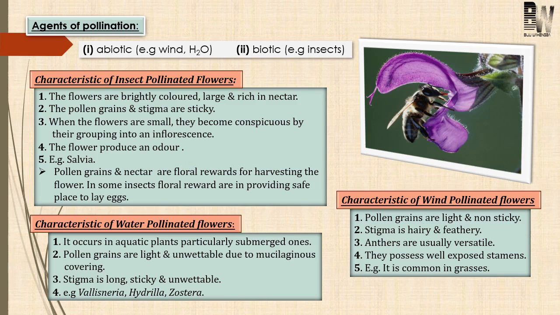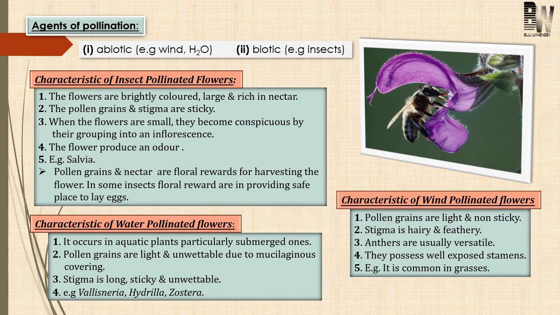Now next come to wind pollinated flowers. In case of wind pollinated flowers, here there is no need to attract insects. So first of all, the flower can be colorless, nectarless, and odorless, as there is no need to attract the insect. But coming to the main character of the flower pollinated by wind, here the pollen grain should be light, because the pollen grain is going to be transported by the wind current.